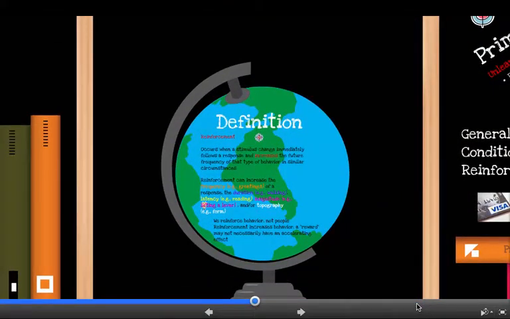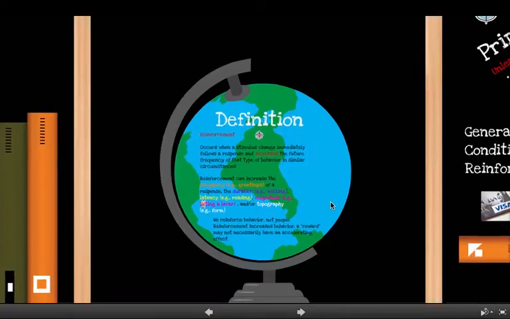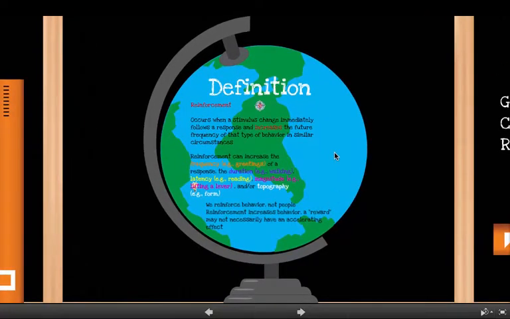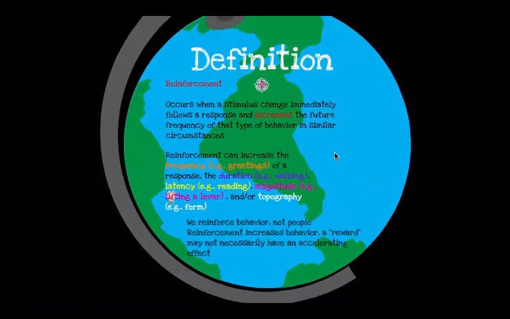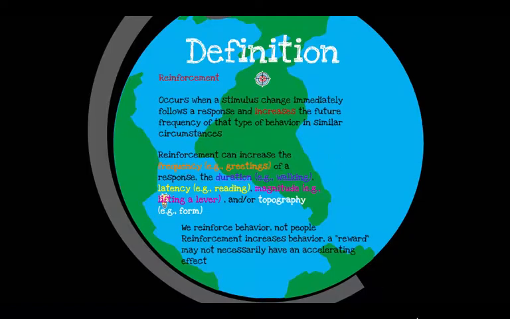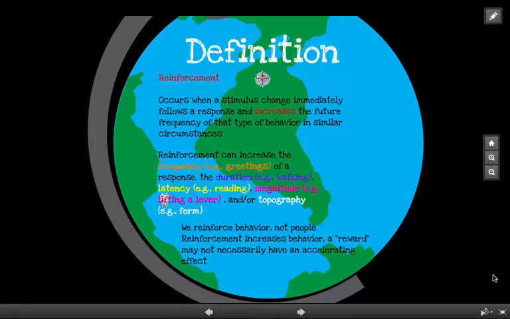Now, with respect to the formal definitions, you've got a bullseye here, so you know that this information is of particular importance. The term reinforcement, and we use that term, occurs when a stimulus change immediately follows a response and increases the future frequency of that type of behavior under similar circumstances.